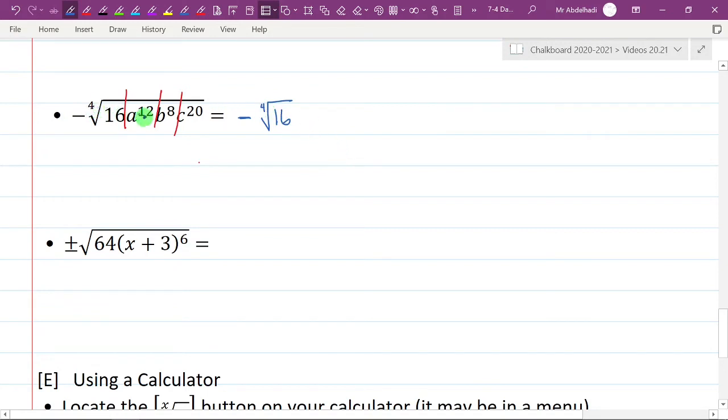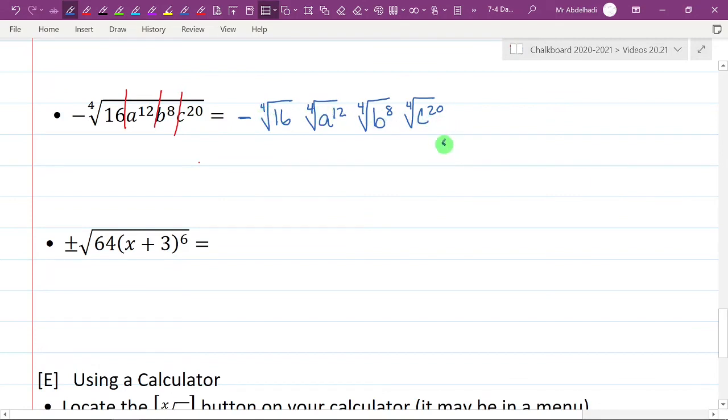You got the 4th root of a to the 12th, once again 4th root, you got a 4th root of b to the 8th, and you got a 4th root of c to the 20th. One of the mistakes that students tend to make is that they'll write the 4th root on the first one and then forget the 4th roots on these and do square roots on the rest. No. If this is a 4th root, when you chop it up, each one is a 4th root.